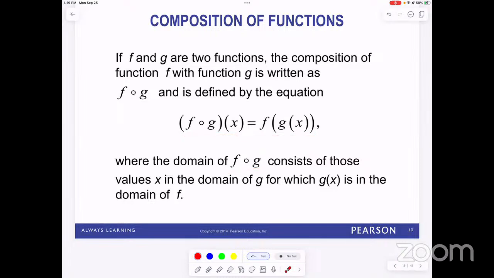This symbol is called the composite symbol. It's read f composed g, and what it means is basically the second function inside the first function. So f of g of x, second function inside the first function. We'll talk about the domain in a couple of examples.